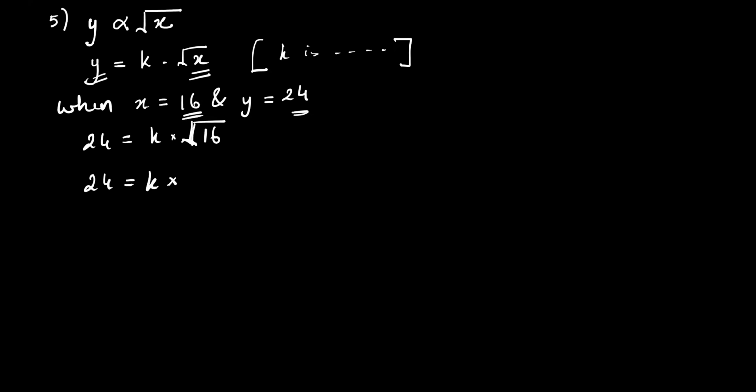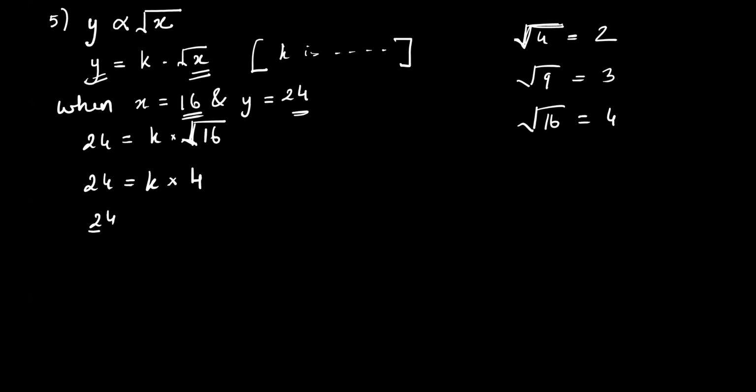Do you know, square root of 4, what is it? 2. Square root of 9? 3. Square root of 16? 4. So in place of square root of 16, what do I write? 4. Now, how will we get k? Sir, we have to divide 24 upon 4.